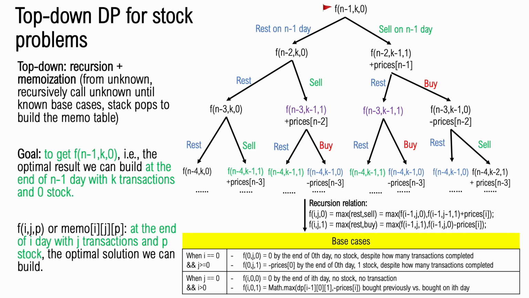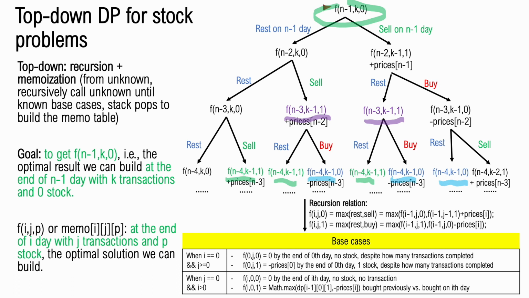So this is the recurrent tree for the top-down dynamic programming for stock problems. From this recurrent tree, we can see that the optimal solution to the final answer we want will be constructed from the optimal solutions to the sub-problems, and at the same time we can see that we have repeating sub-problems here, and here, and here.